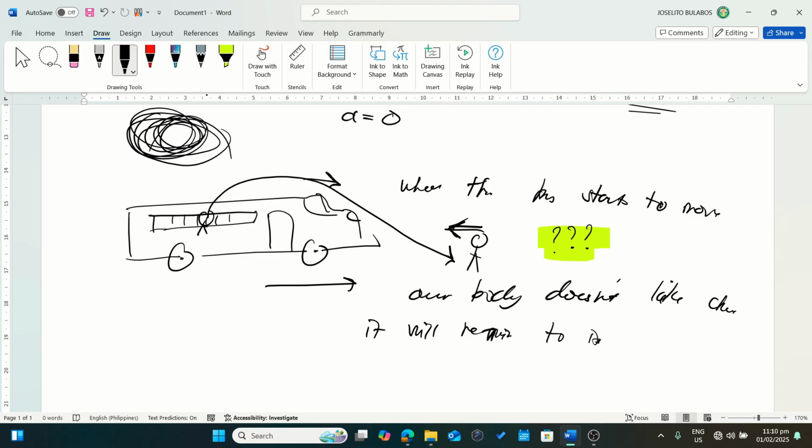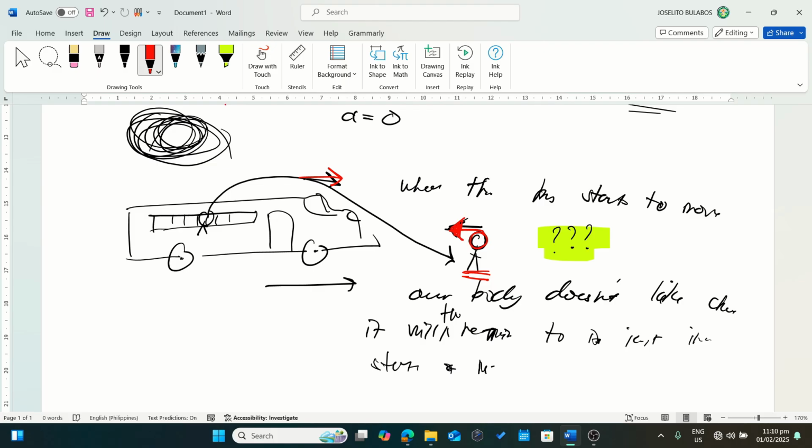It will try to remain in its initial state of motion. Since our body is at rest initially, our body wanted to stay at rest. That's why as the bus moves in this direction, our body tends to move backward because we don't like change. We want to stay at rest.